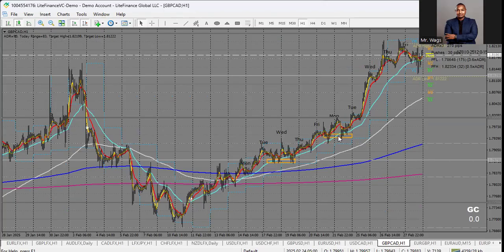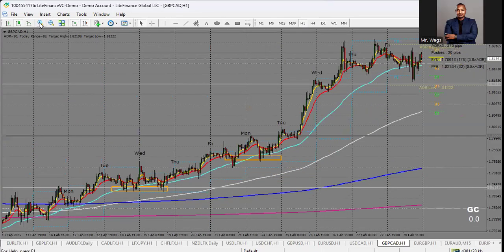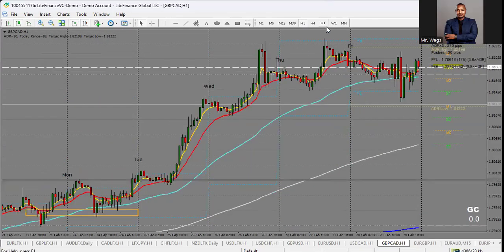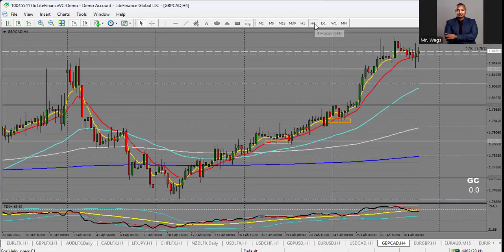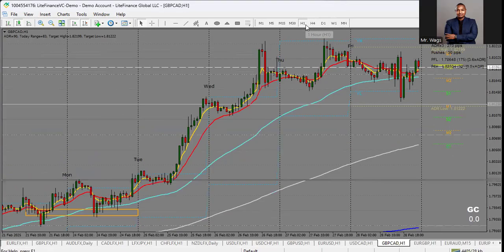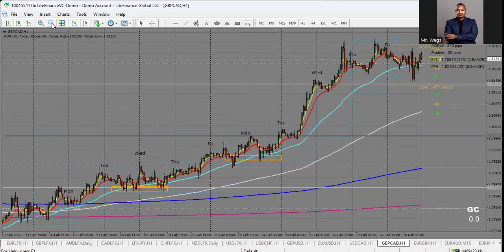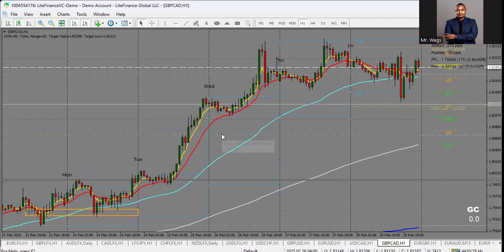So these are called quick resets. So price bouncing around the 50 EMA, and then you can see 3 levels up, again 3 levels up, again 3 levels up. So we are at a point here where price is having a consolidation, and then I should be expecting price to continue going up.